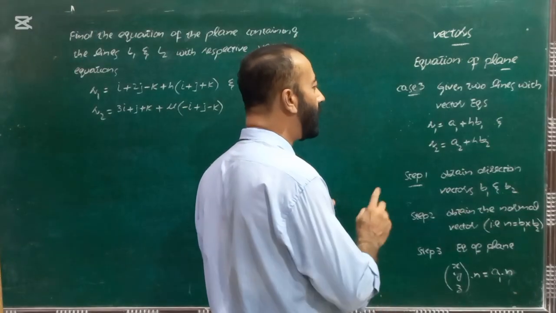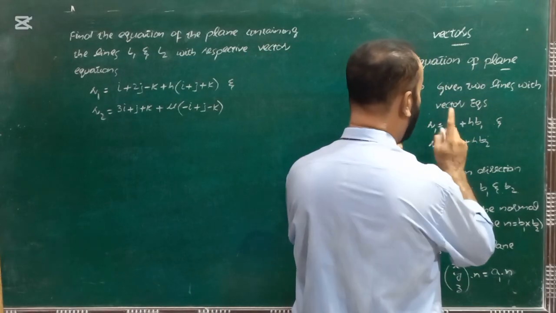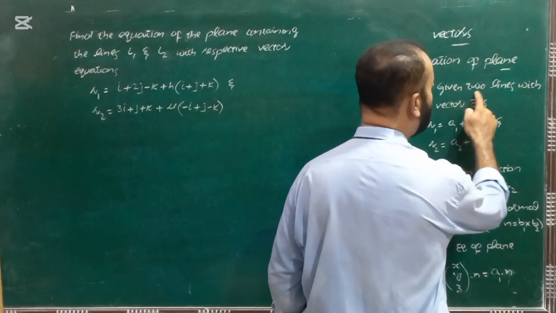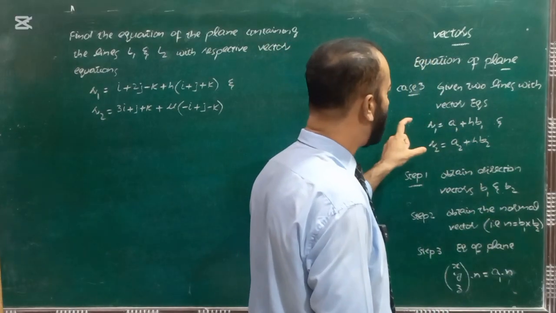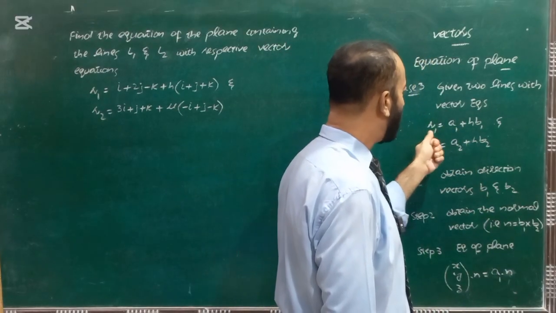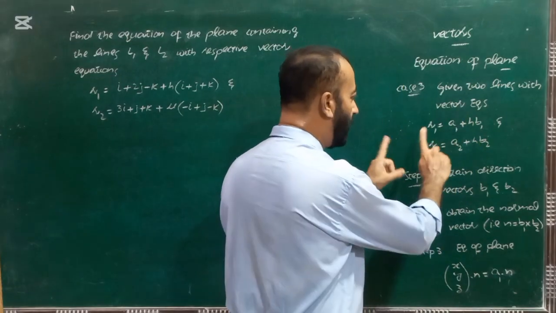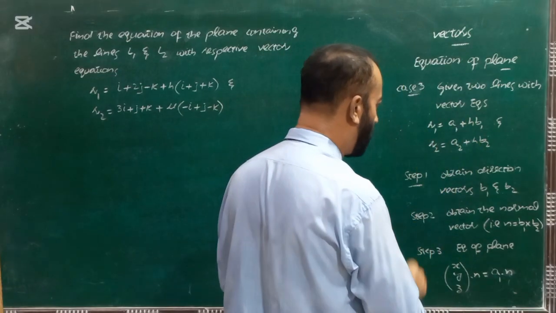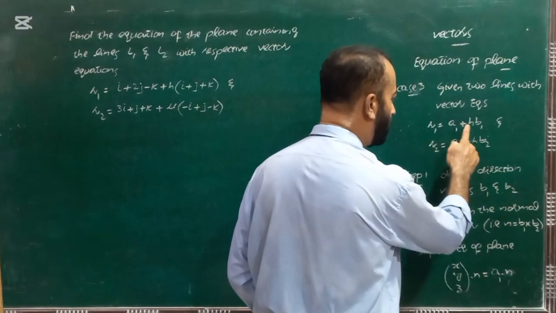And now the third case, that is case number 3 of finding the equation of the plane, in which two lines are given with vector equations, for example R1 and R2. To find the equation of the plane in this case, the procedure will be: step 1, obtain the direction vectors B1 and B2.